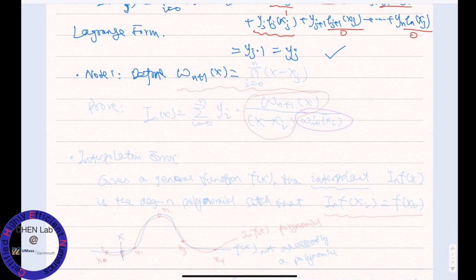When you change i, it's not symmetric. For x0 you're skipping x minus x0, for x1 you're skipping x minus x1. So if we put everybody together and call that omega m plus 1, it is simply the product of x minus xj, j from 0 to n. We're not skipping anything. Above we skip xi to make what we just talked about work.